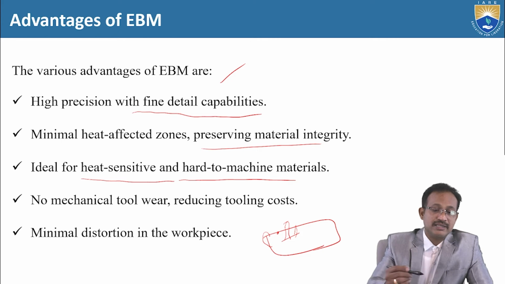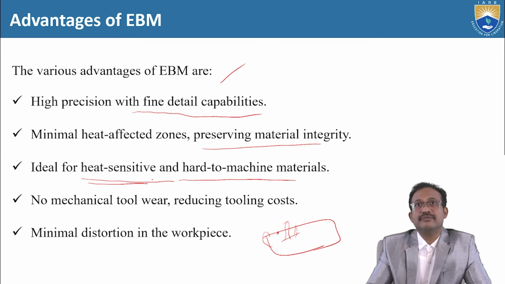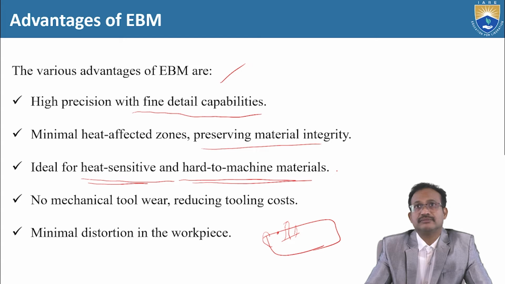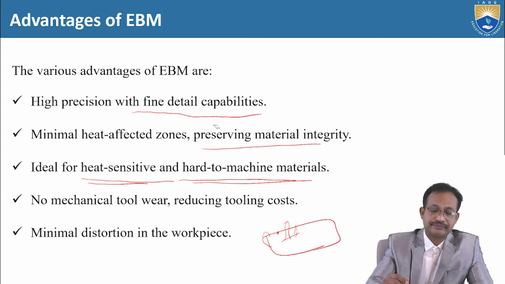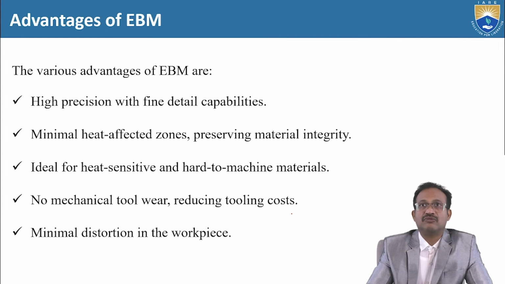So electron beam machining is ideal for heat sensitive and hard to machine materials. Whatever the hardness may be, electron beam machining cuts the material according to the design and the other parameters involved in that process.